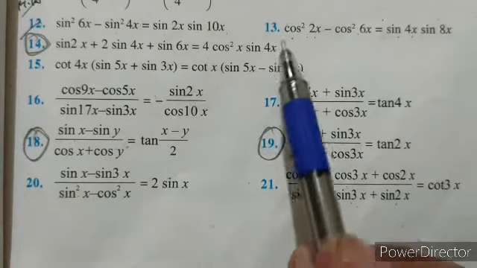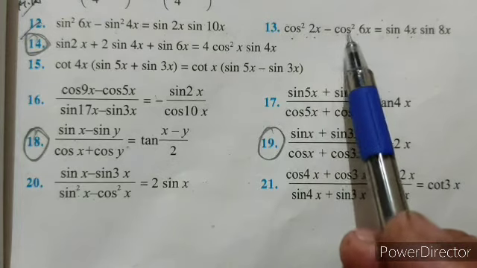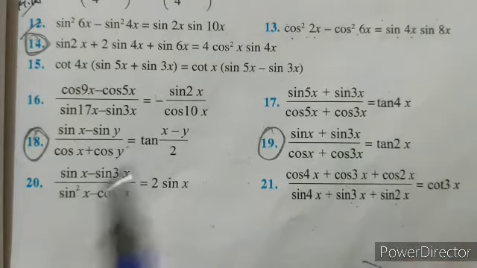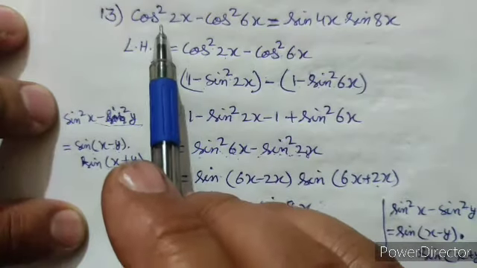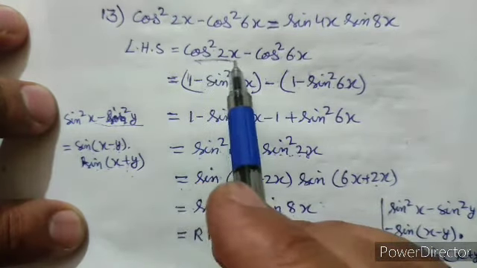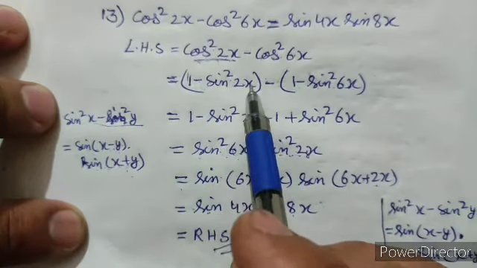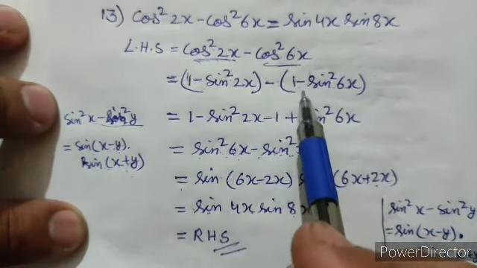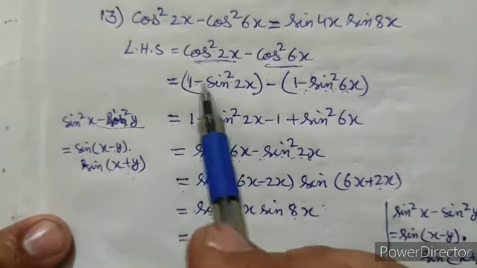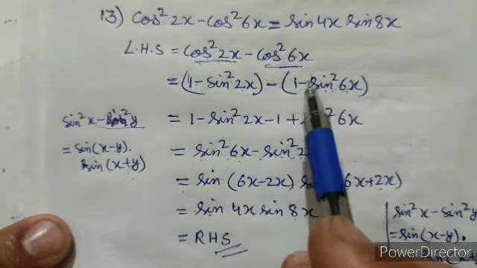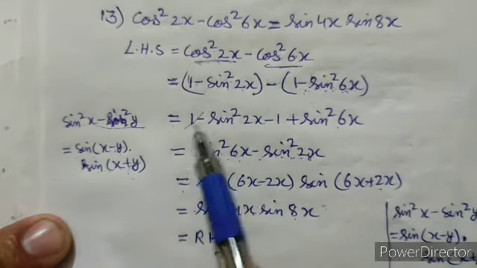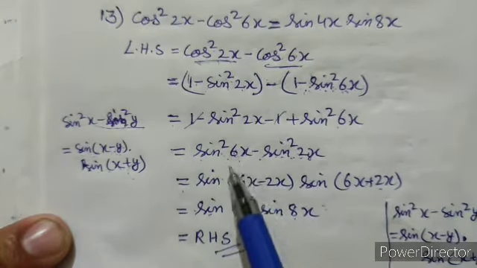In question number 13, we have to prove cos square 2x minus cos square 6x equal to sin 4x sin 8x. Now here our left hand side was cos square 2x minus cos square 6x. Now cos square 2x can be written as 1 minus sin square 2x, and cos square 6x can be written as 1 minus sin square 6x. And that will be equal to 1 minus sin square 2x minus 1 plus sin square 6x, which will be equal to sin square 6x minus sin square 2x.